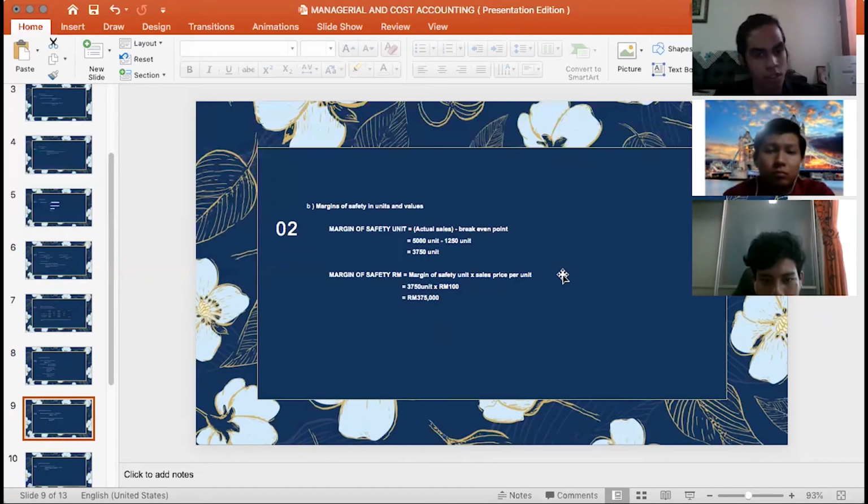Next is margin of safety, RM. Margin of safety unit times sale price per unit. Okay, next 3,750 units times 100 ringgit, and then we get 3,075 ringgit.